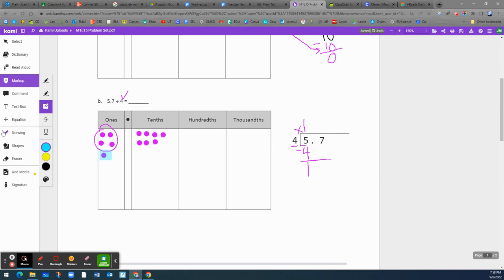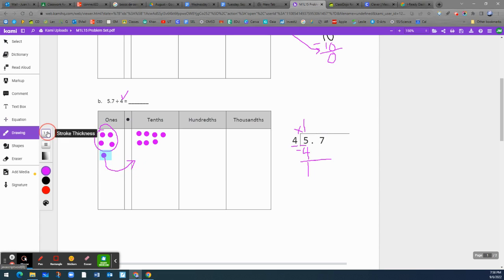Now, however, we have to regroup because that's what happens in the algorithm. So this is going to be converted into tenths. We know that $1 has 10 dimes. So that's exactly what we're going to do here, 10 dimes: 1, 2, 3, 4, 5, 6, 7, 8, 9, and 10.